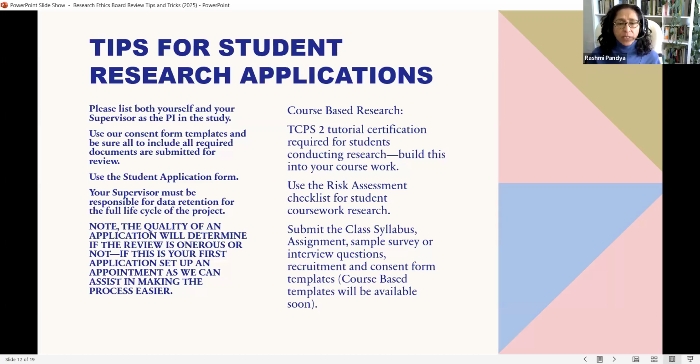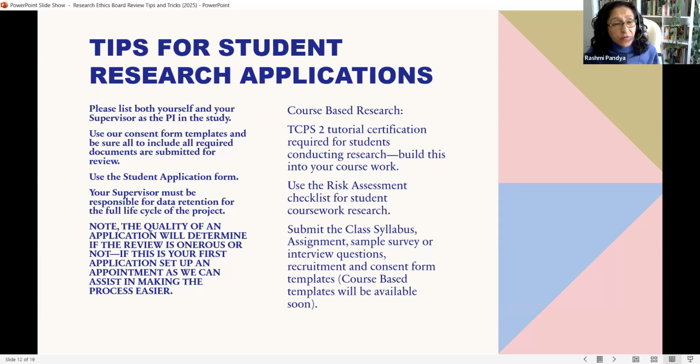We're getting a lot of student applications submitted where there's no recruitment material, there's no consent form, the plan is not really worked out, and we want to be mindful. We don't want the application process with the REB to be a negative experience for students.